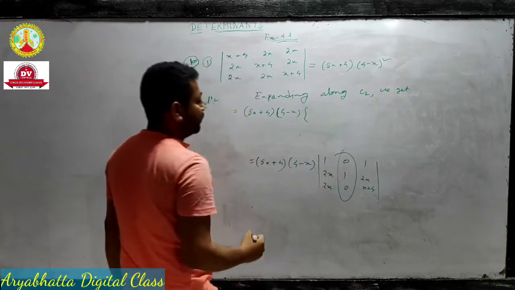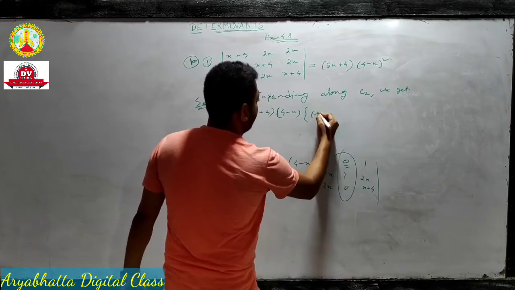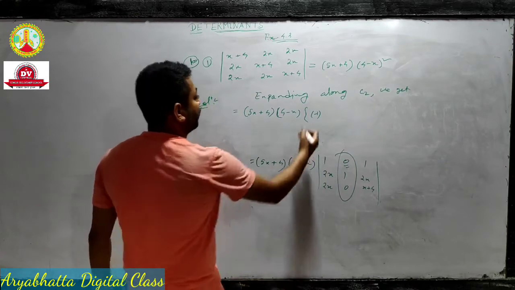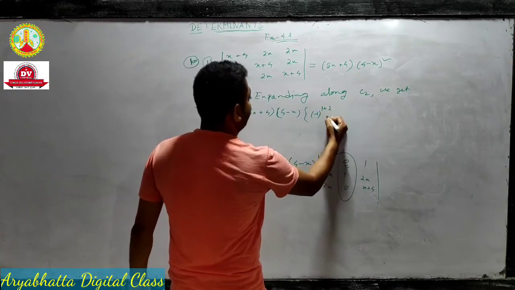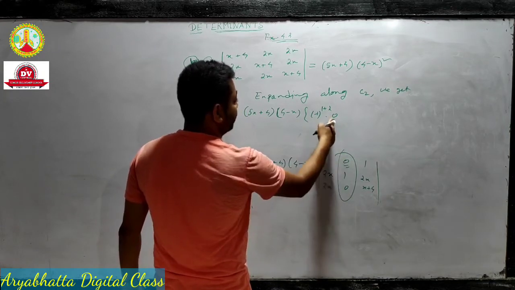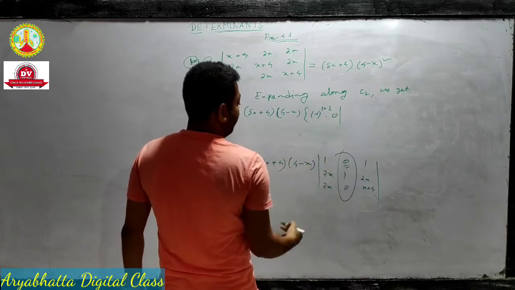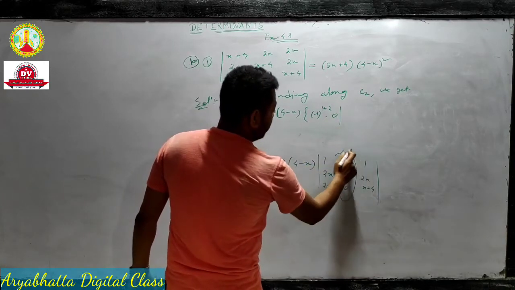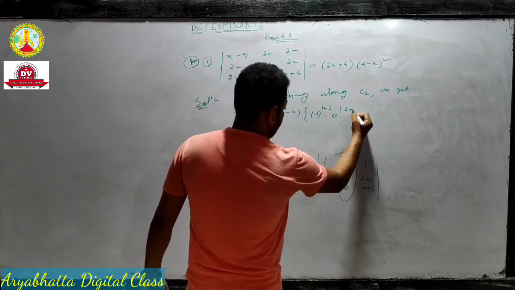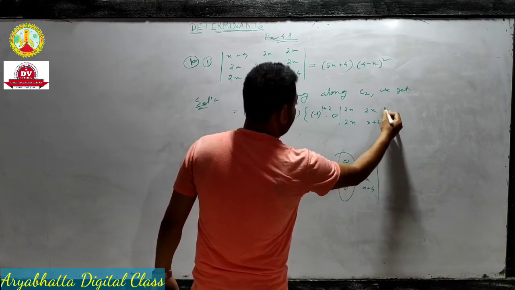expanding along the second column. For these elements, minus 1 whole to the power, these elements belong to first row, second column, therefore minus 1 whole to the power 1 plus 2, into the element a12 which is equal to 0, therefore 0. And next, deleting this row and this column, the remaining elements are 2x, 2x, 2x, x plus 4.